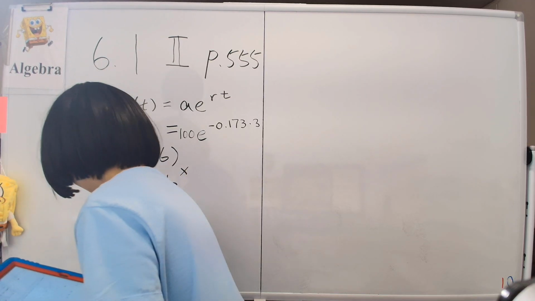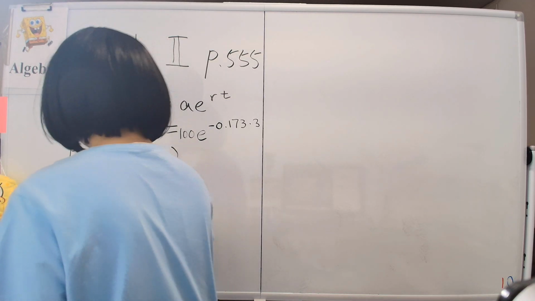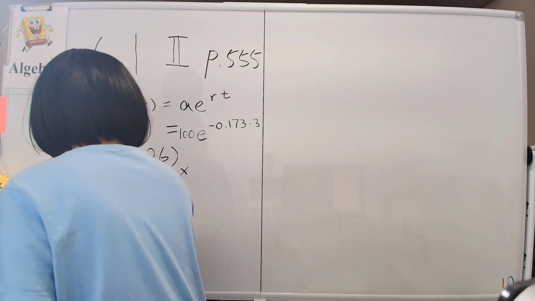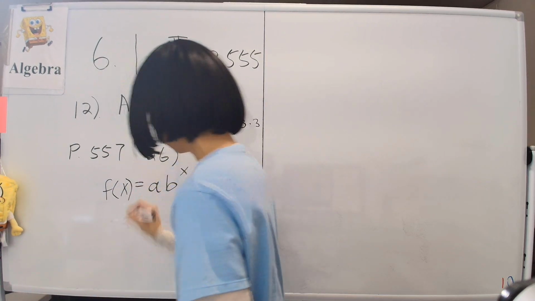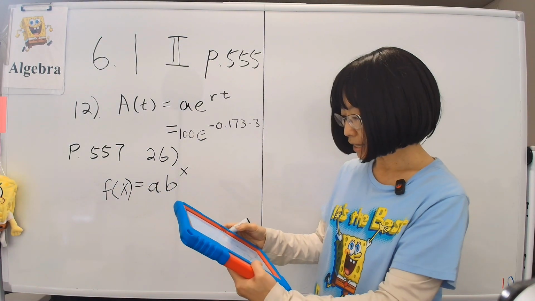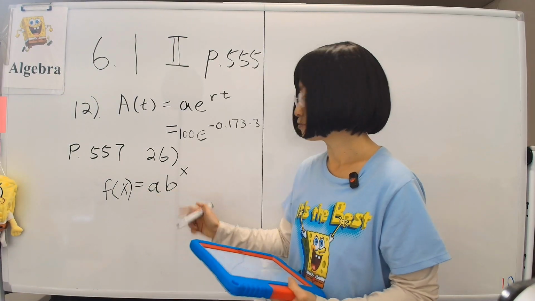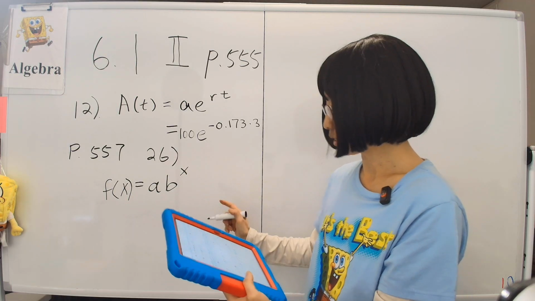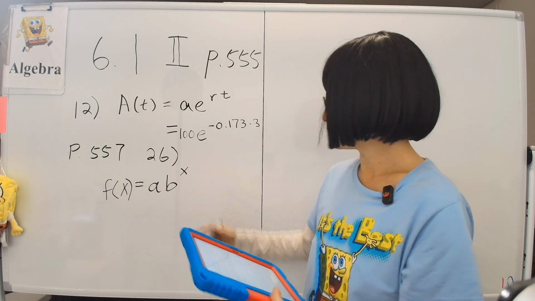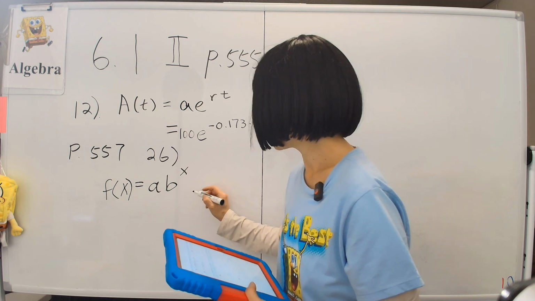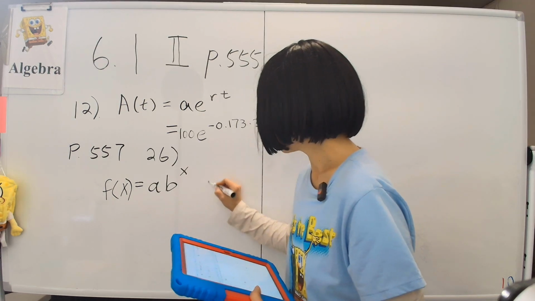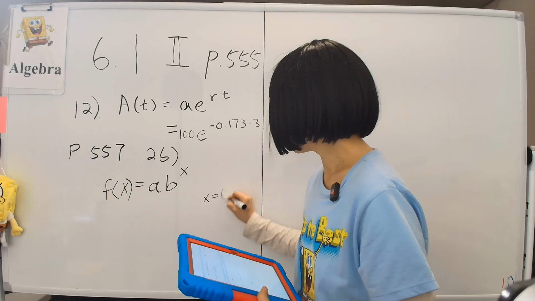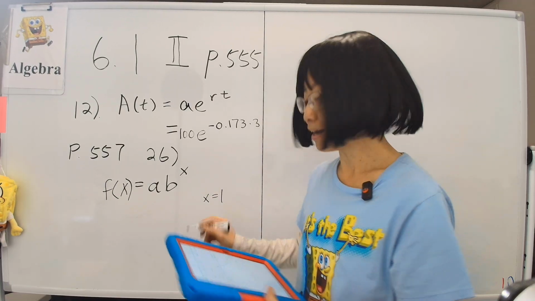The y value is called f(x). So let's write that down as f(x). And then a and b, we just need to figure out what a and b are in this particular problem, problem 26. So let's plug in some numbers. First, let's choose x equal to 1, the easiest option we have.